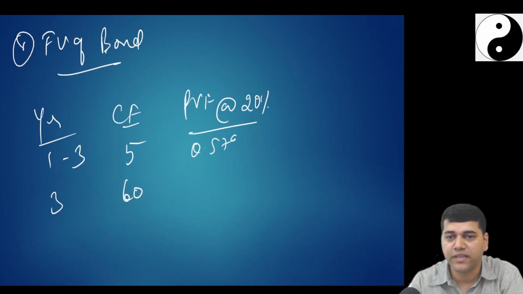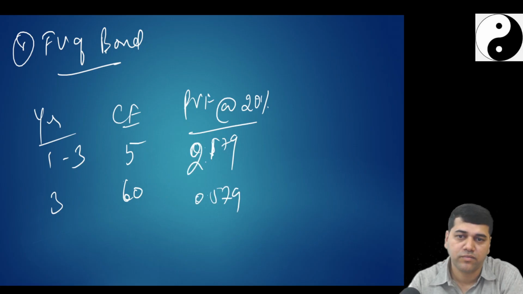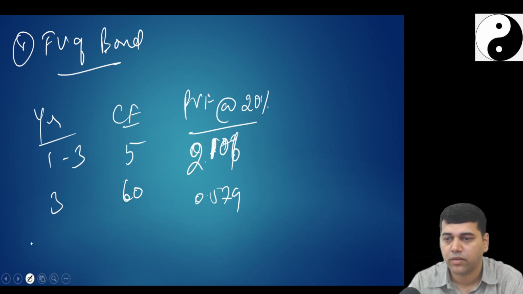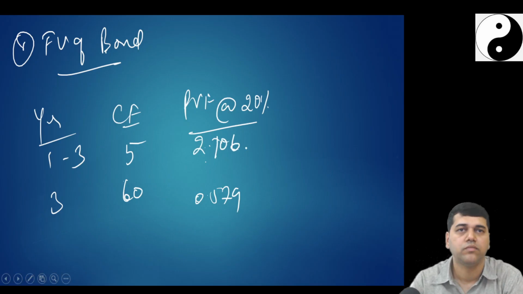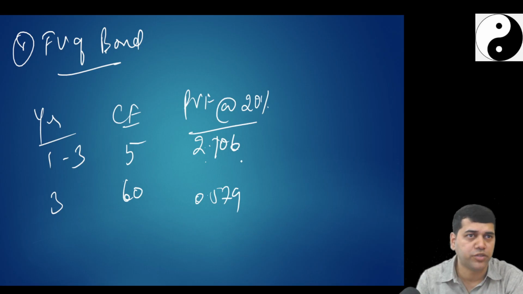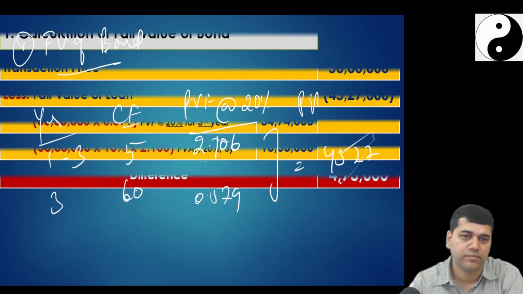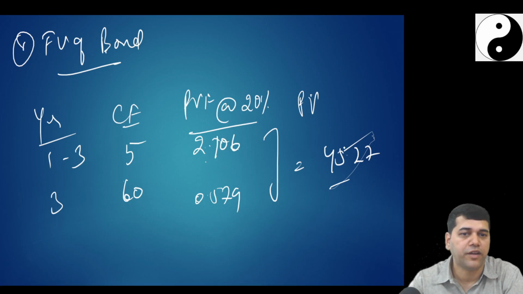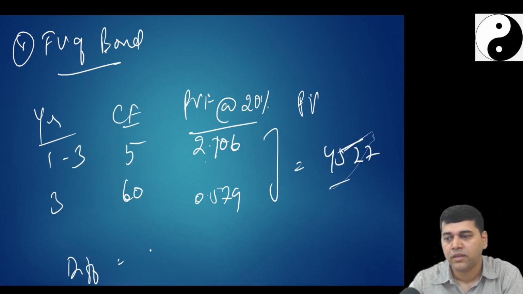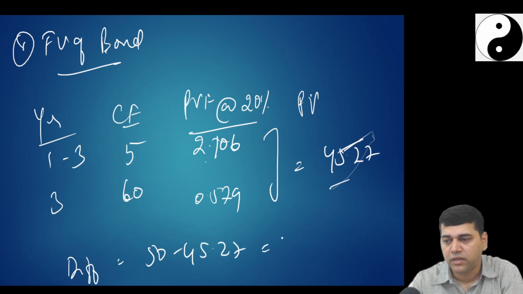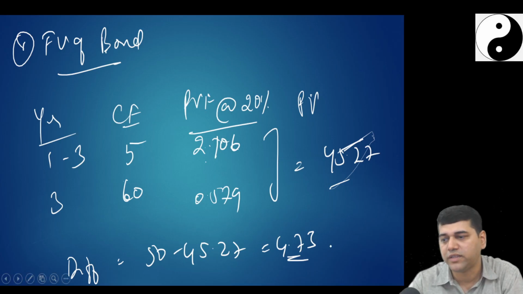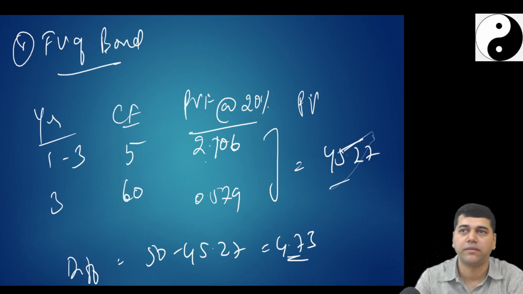So 0.579 and 2.106. Okay, this is an example, don't worry much about this. So present value total, when you multiply this, you get 45.27. What is your difference? 50 minus 45.27 gives you 4.73. What will you do with this 4.73? P&L, assuming L1.